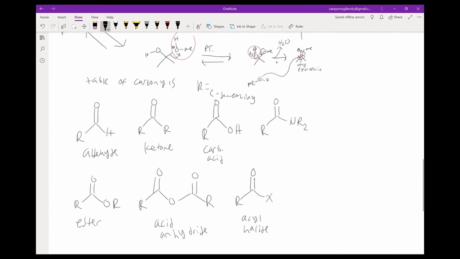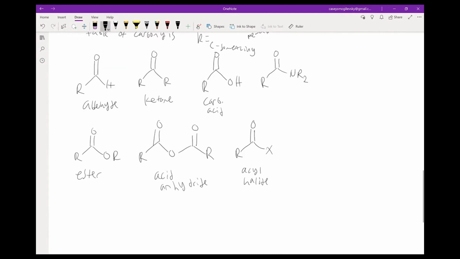And amides can have NH2 there or NR2. It can be in amino acid polypeptide backbones. Anything can be in this R group that's not like another nitrogen or something. Okay, so we have all of these wonderful things right here. How do they compare with each other in terms of reactivity?